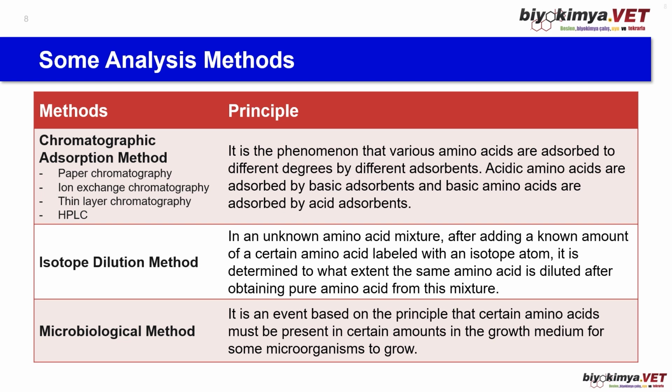And what are the principles of these techniques? The chromatographic techniques are based on using different adsorbents, and acidic amino acids, for example, are adsorbed by the basic adsorbents and basic ones are adsorbed by the acid adsorbents. In the isotope dilution method, in an unknown amino acid mixture, after adding a known amount of a certain amino acid labeled with an isotope atom, it is determined to what extent the amino acid is diluted after obtaining pure amino acid from this mixture.